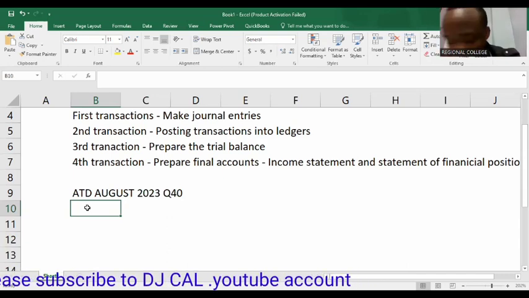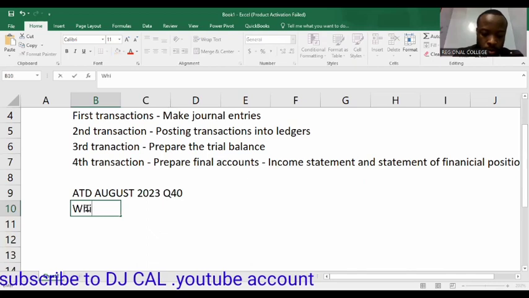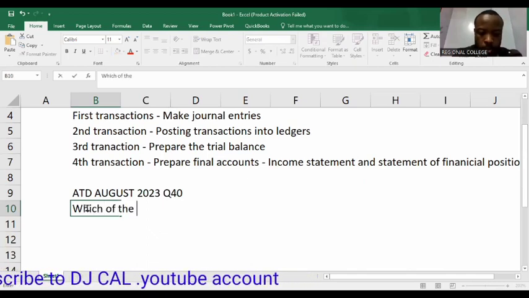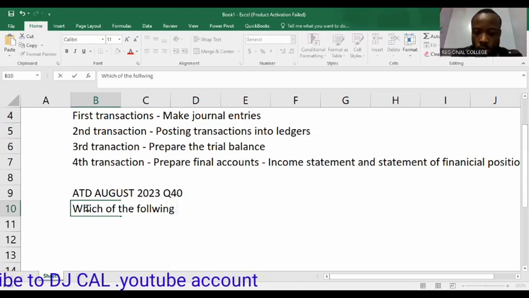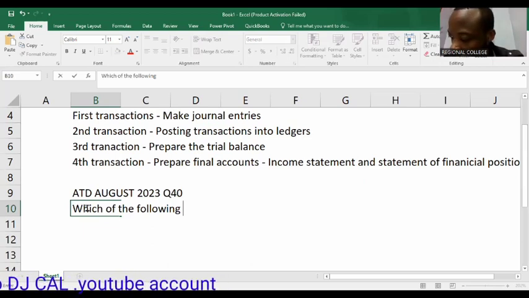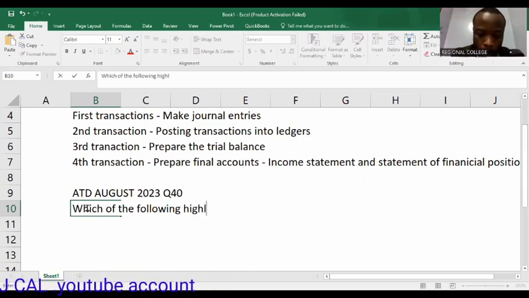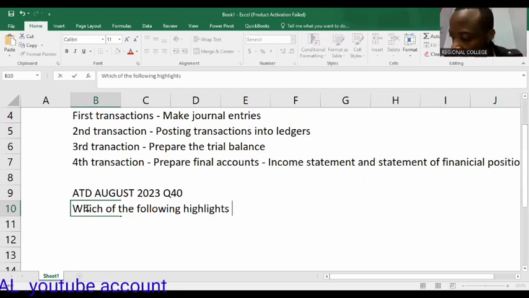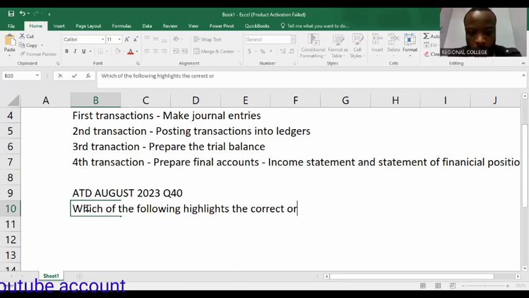It says: which of the following highlights the correct order of the stages in the accounting cycle.